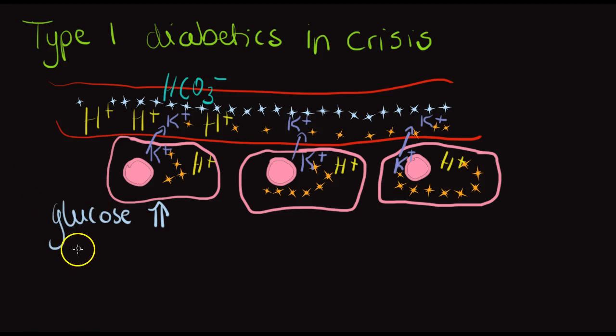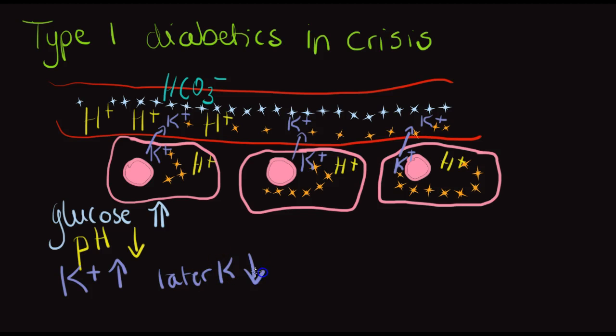So I'm going to write a pH that is decreased, proportional to the amount of hydrogen ions, of course, that are being kicked out. And then the potassium, at first, is increased, but then later on the potassium is going to be decreased.